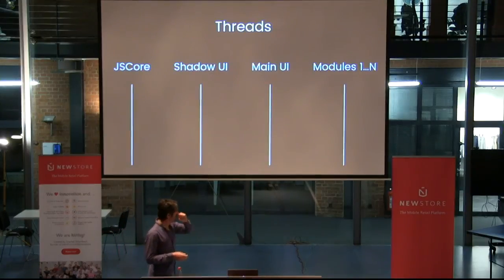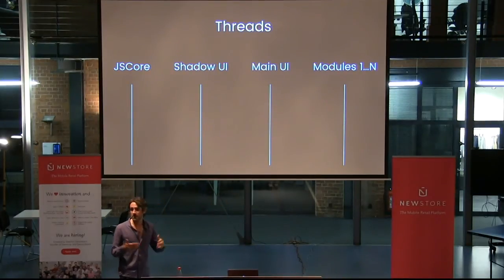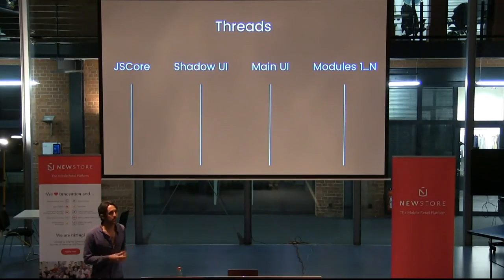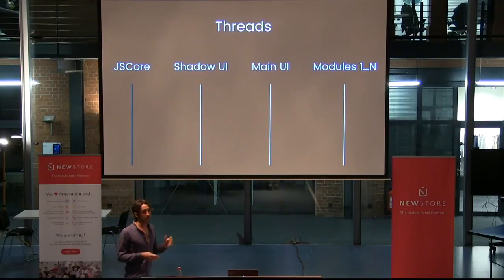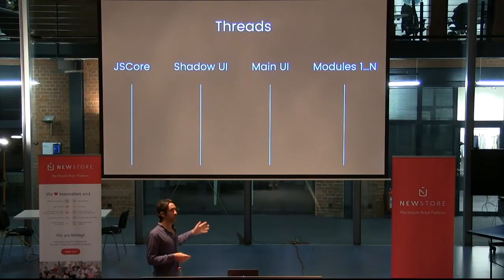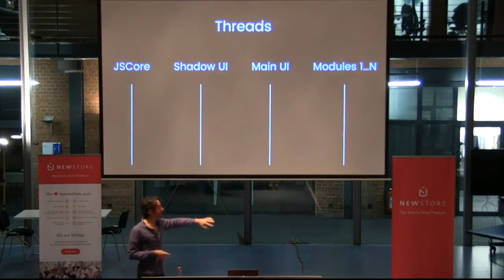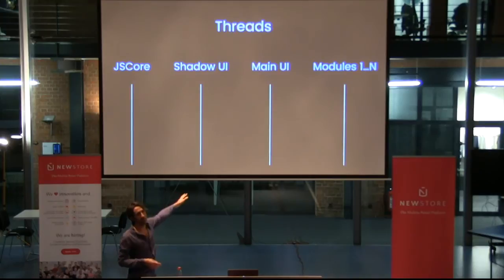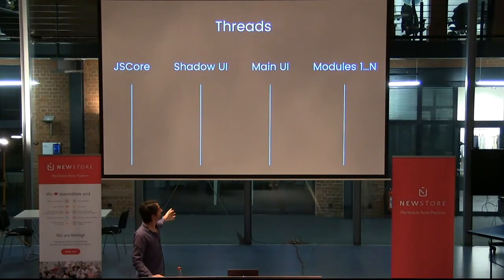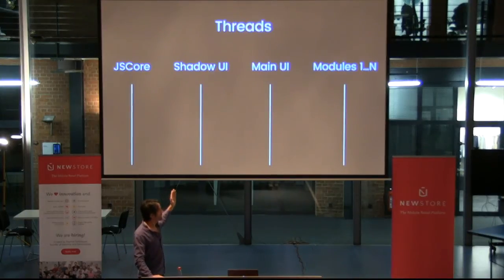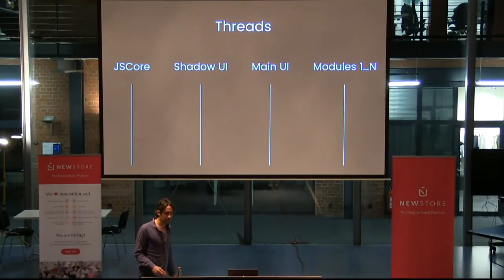Plus, each native module, like the Apple HealthKit module or modules that you write yourself, extensions to SDKs you might be using that don't exist yet for React Native, get their own thread as well. So you can communicate directly with those from the JavaScript thread without interrupting anything that's happening on the UI. So again, there's a lot of safety here in keeping your application feeling native.